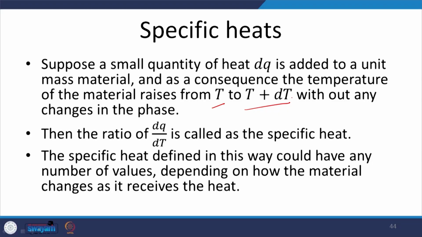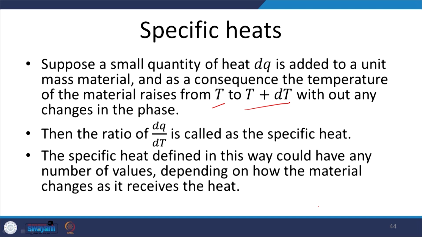So, suppose a small quantity of heat dq is added to a unit mass of material, and as a consequence of adding this amount of energy to the material, its temperature changes from T to T plus dT Kelvin, without any change in the phase of the material.